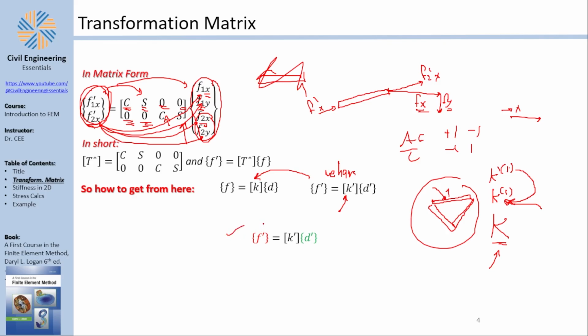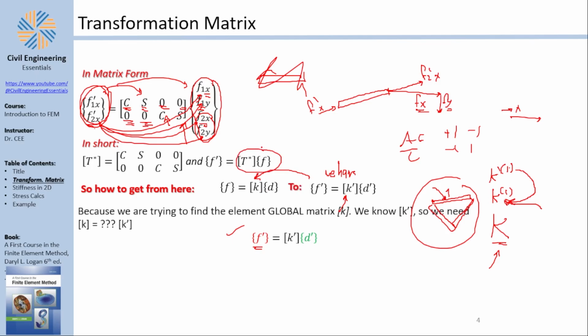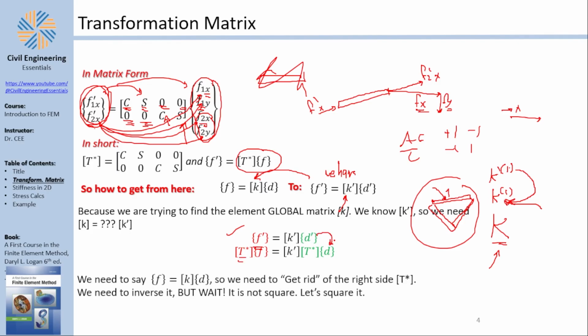So I start with this. And now, what can I replace F local with? I can replace F local by converting into F global by multiplying by the transformation matrix. And I can replace D local by multiplying by the transformation matrix into D global, which means that I am getting one step closer to writing F equals K D. But you can see that I need to do an intermediate step here, because I have T star here and T star here.